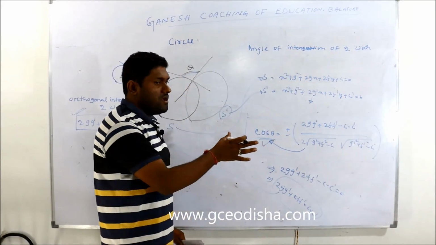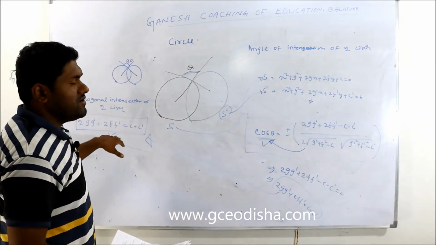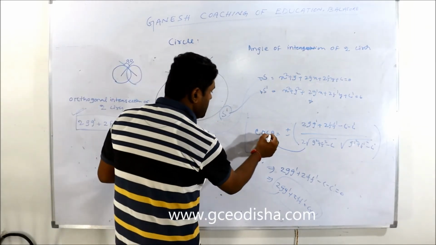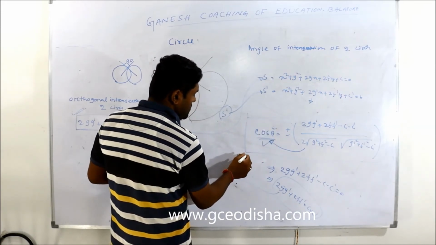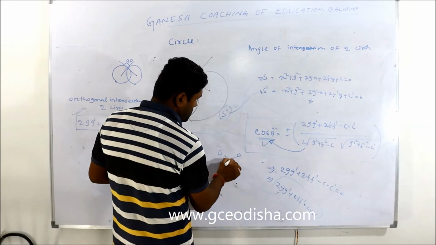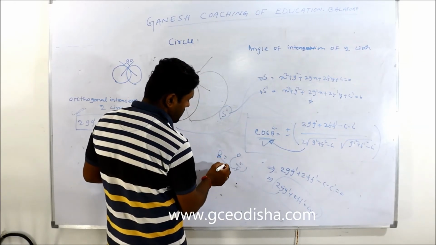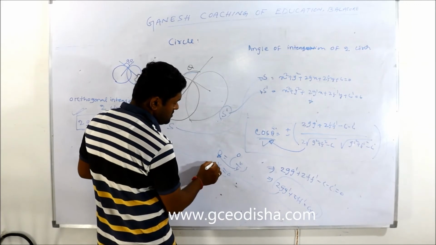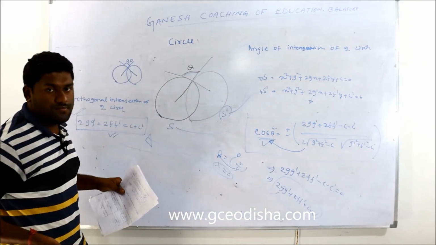This is from first principles: when theta is 90 degrees, cos becomes 0. It is like x by y; when x by y is 0, x will become 0. Just equate the numerator to 0 and this will come.